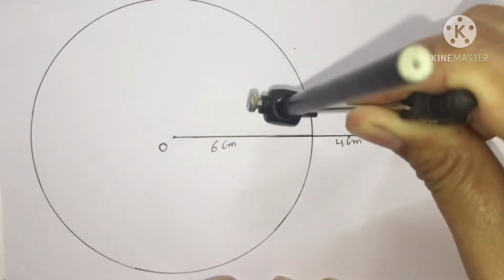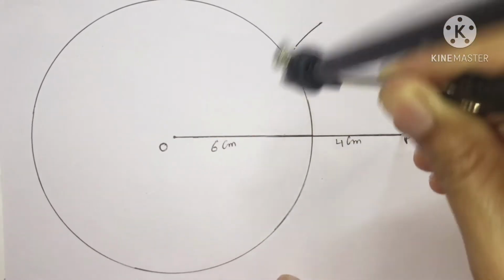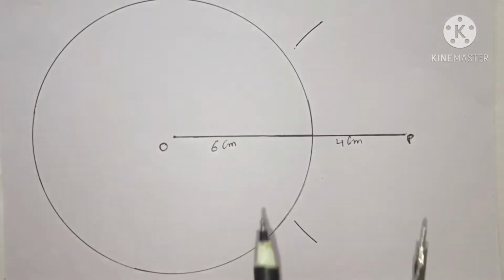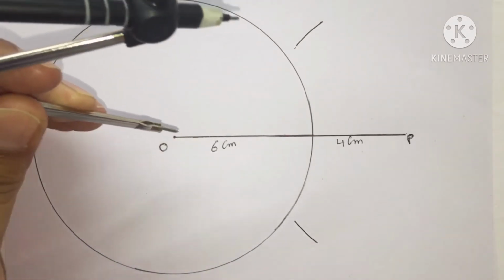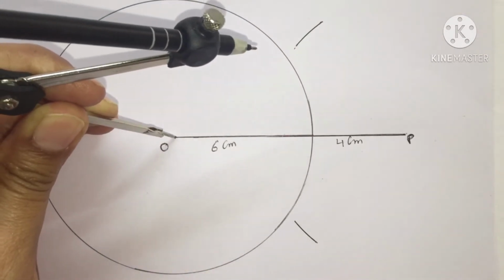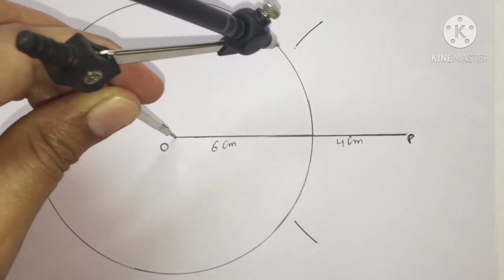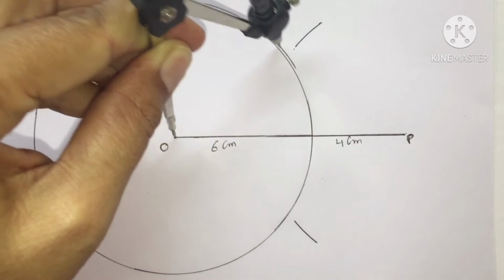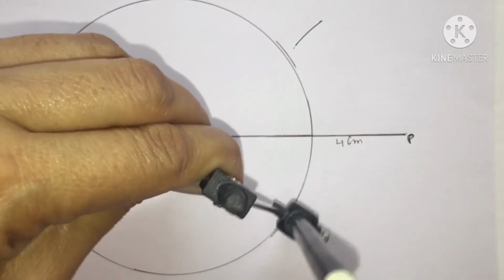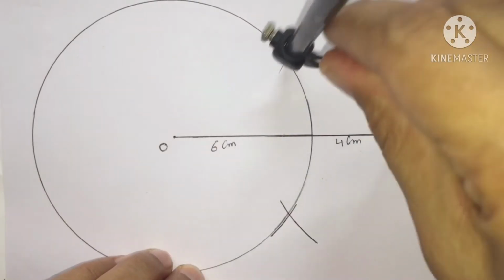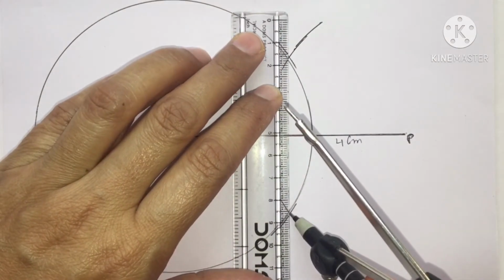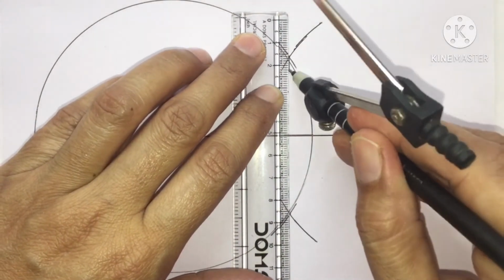So one arc is up, one arc is down, with the same width. Don't change the width of the compass. You have to keep the compass on the other point and draw one more arc up and down like this. And we have to join these points with the help of a scale.